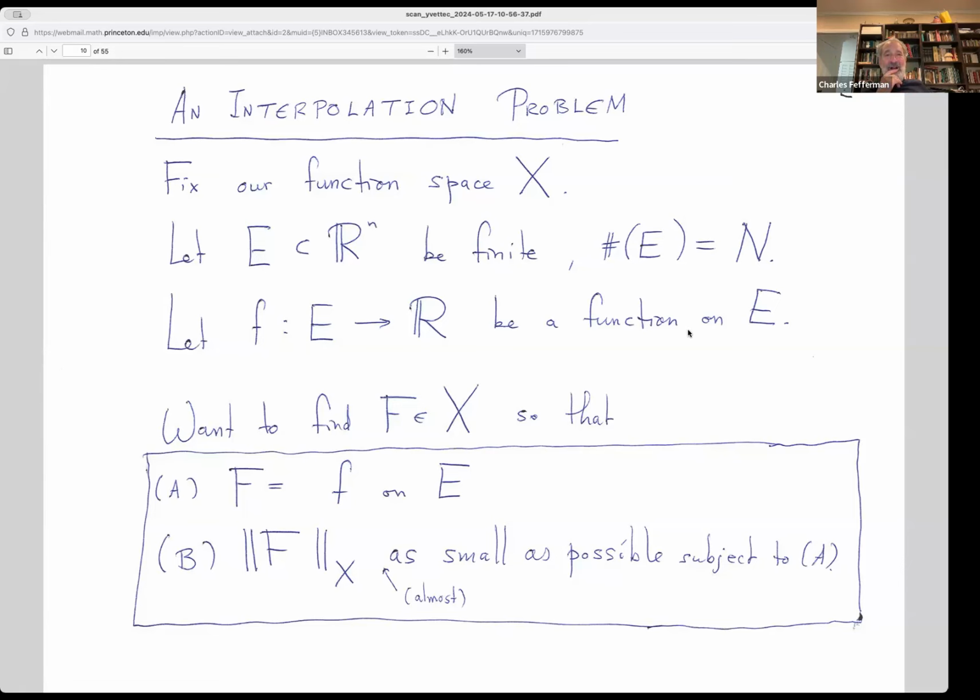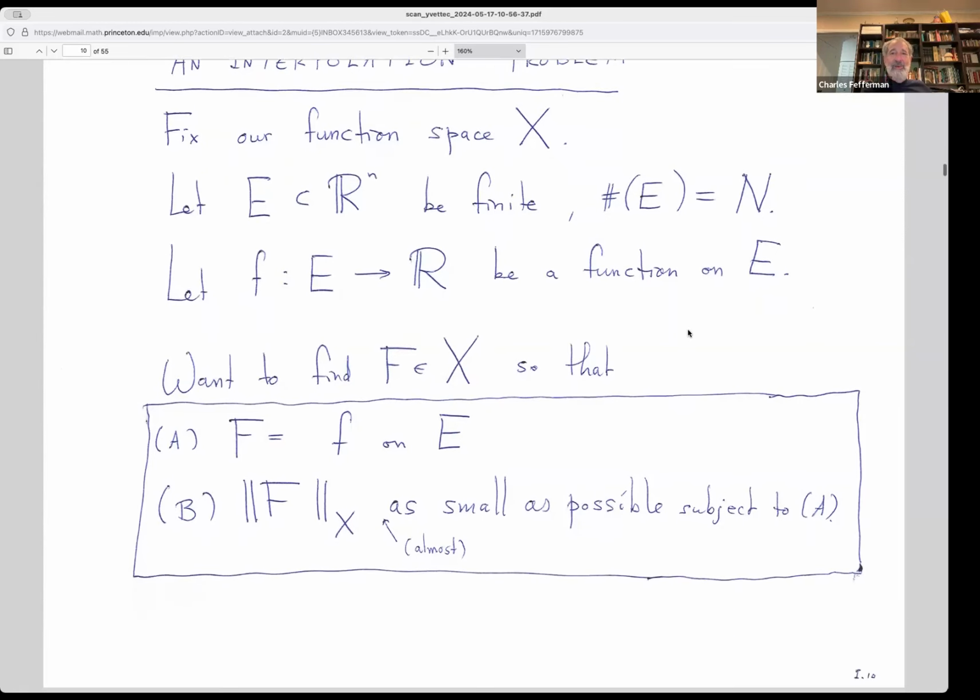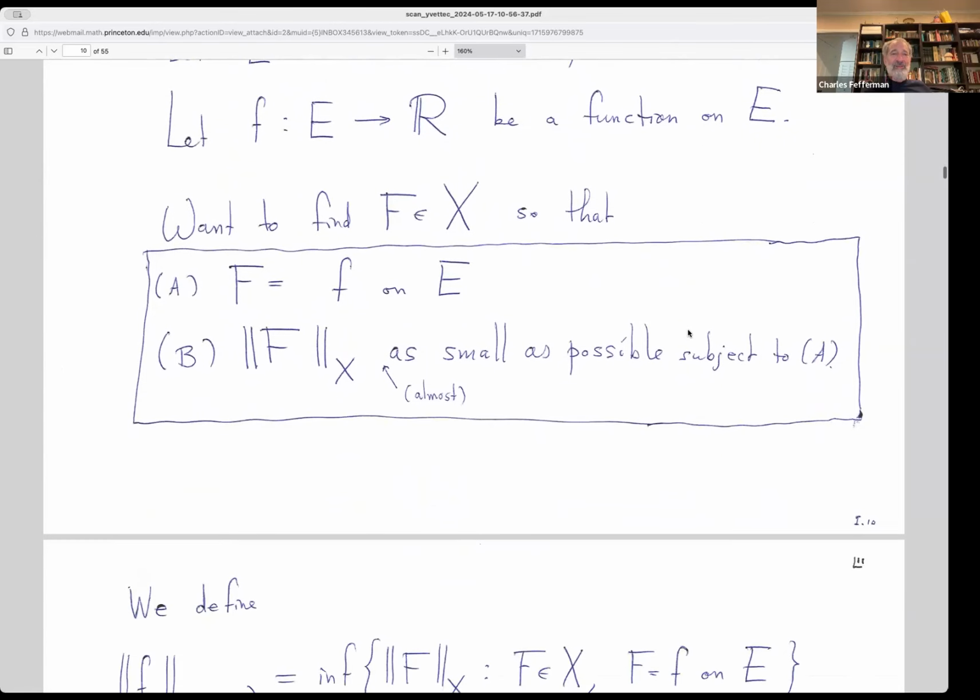First of all, it agrees with little f, the given function on the set E. And secondly, its norm in the space X is as small as it can be, subject to the constraint that it agrees with little f on E. Well, maybe it doesn't have to be as small as possible. It's enough for it to be almost as small as possible. And we'll see what we mean by almost as small as possible.